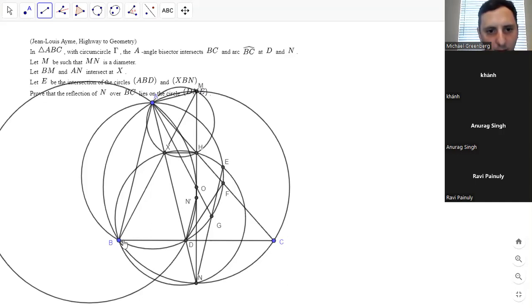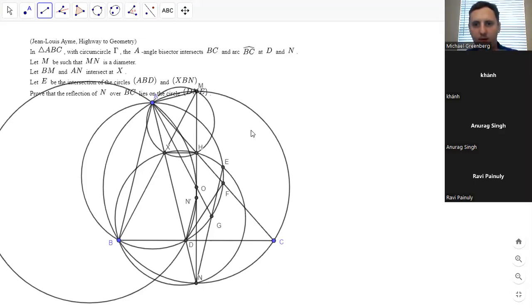And we have that angle XH is equal to angle BAN. So we have that the quadrilateral AXMH is cyclic. That proves that it's cyclic because that angle is equal to that angle, BMN.